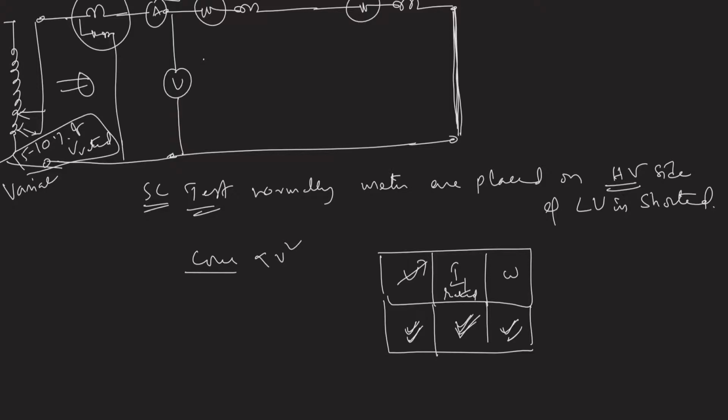Now from this, what we can know is the total impedance Z equivalent, right? The meter does not know what is primary and what is secondary. It sees some impedance in the transformer. So this is actually R1 plus R2 dash plus j(X1 plus X2 dash).